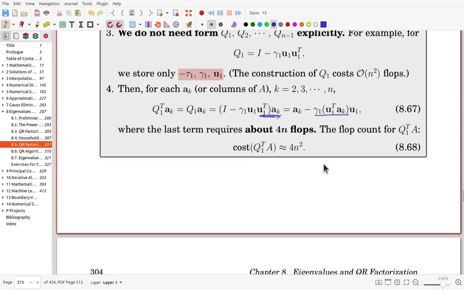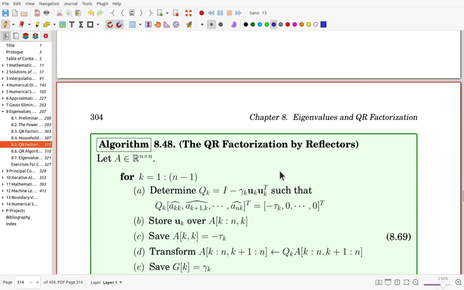Earlier we said that we need to store only minus tau 1, gamma 1, and u1. So these two can be saved over the matrix A. Gamma k must be saved separately in an array.